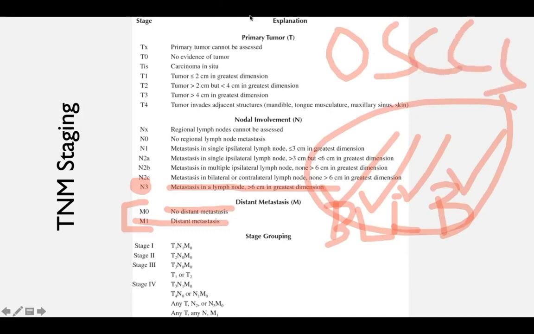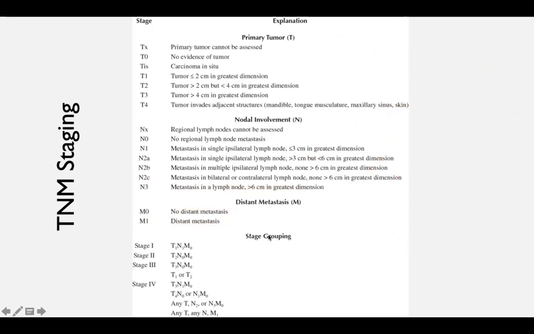Okay, so now after this TNM staging, we have stage grouping. Where we say T1, N1, M0: if T1 means there is a tumor less than 2 centimeters, and then one lymph node is involved, a single ipsilateral lymph node less than 3 centimeters, then we say it's stage 1. And then stage 2 is T2, N0, M0, and stage 3 is T3, N0, M0, or T1 or T2 like this.